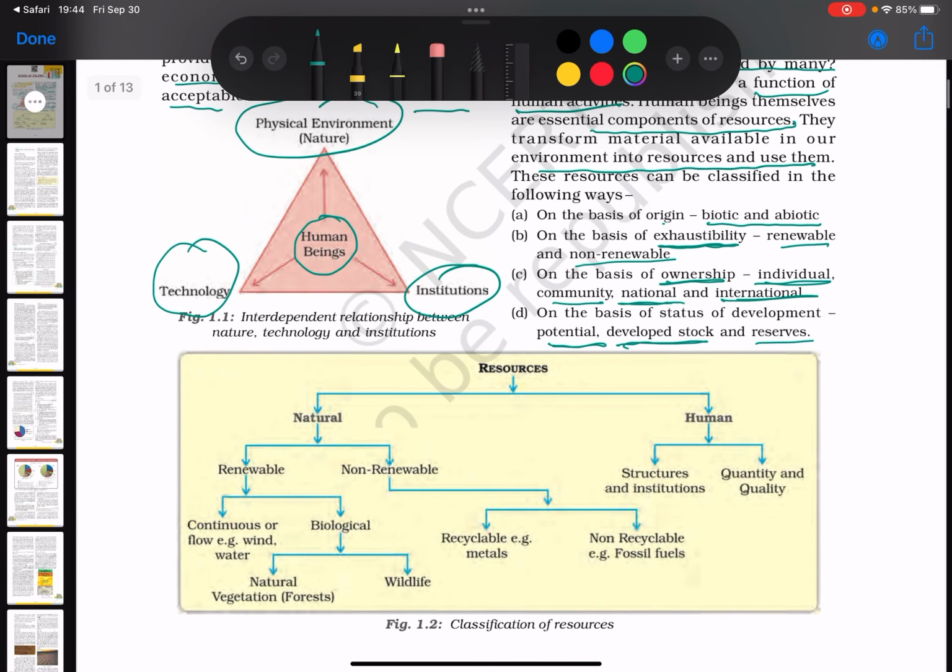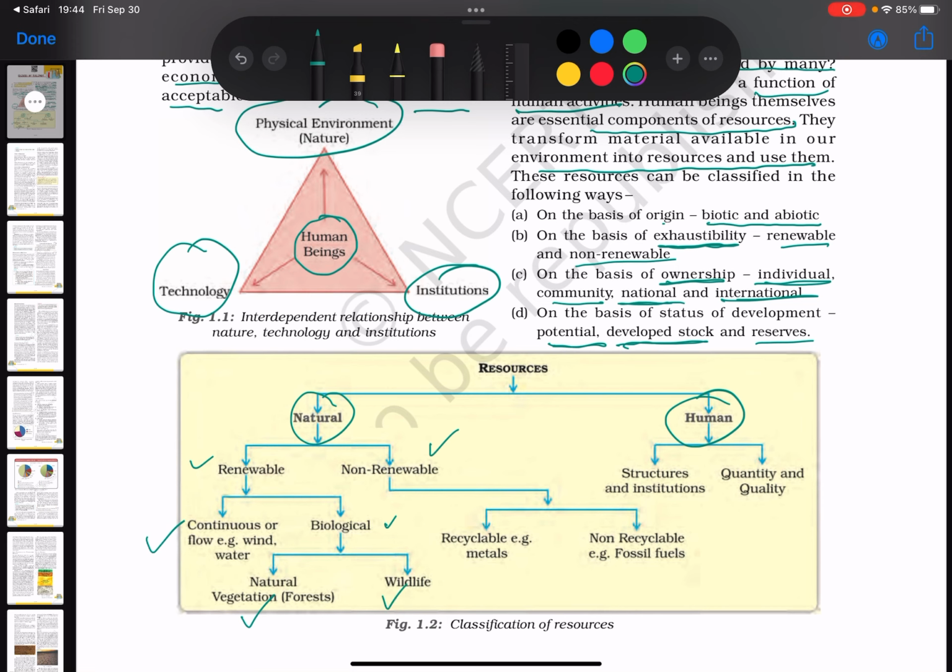Okay, so here is a quick diagram that shows you the classification of resources, and you can think about it as natural as well as human. The natural resources include renewable and non-renewable. Renewable can further be categorized into continuous flow, like wind or water, and biological, which could include natural vegetation in forests as well as wildlife.